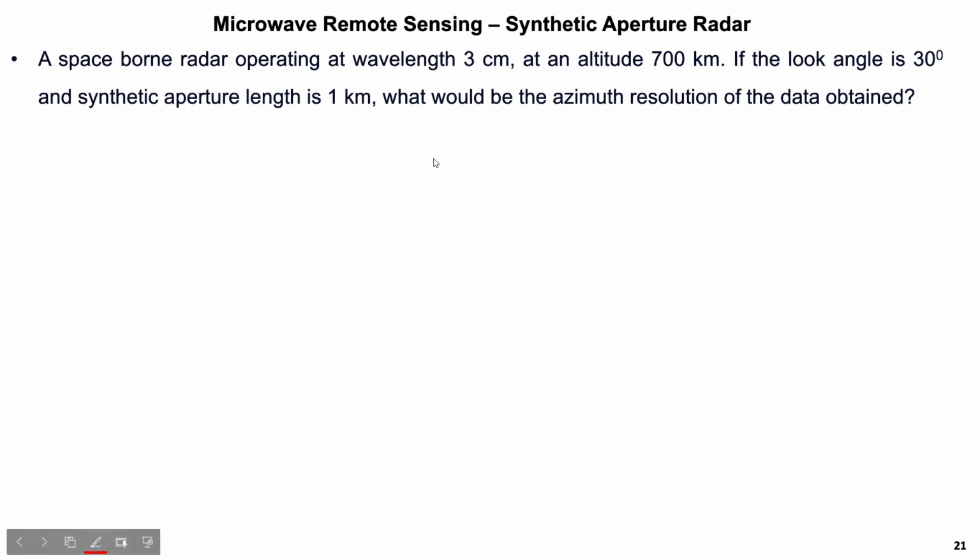So okay, that will be 700 into 3 into 10 power minus 2, 1 into cos 30.